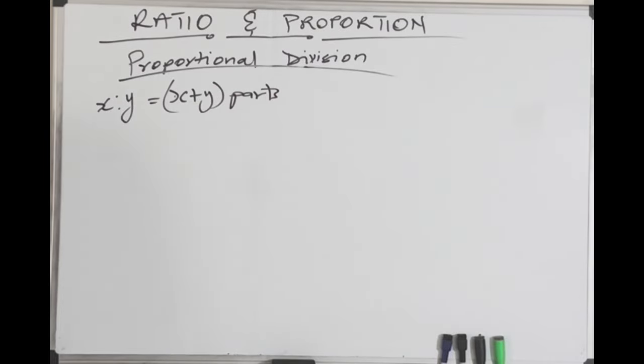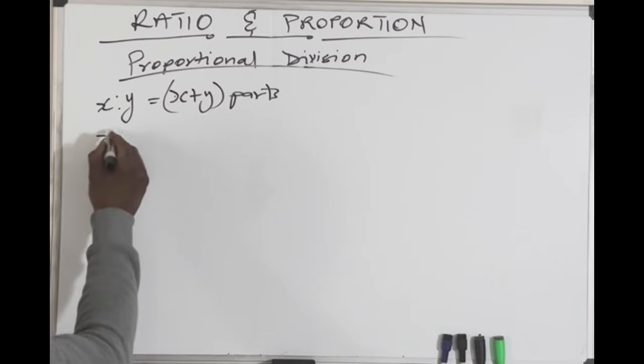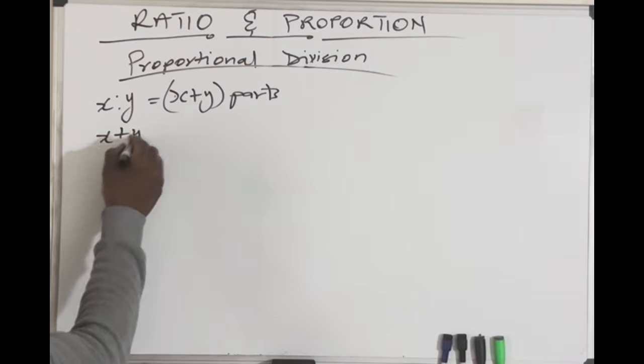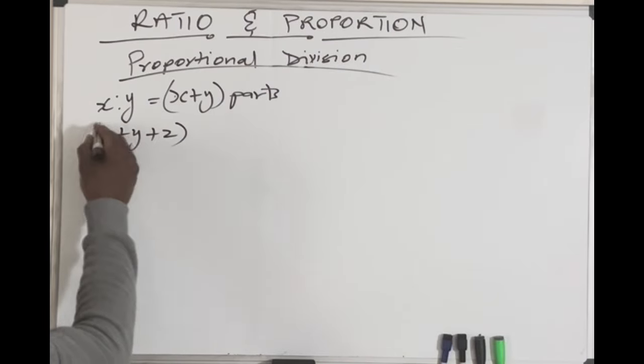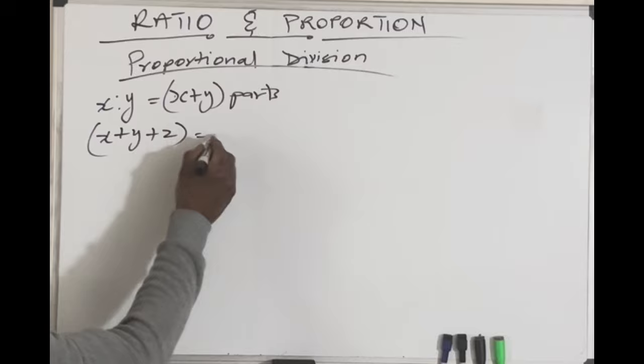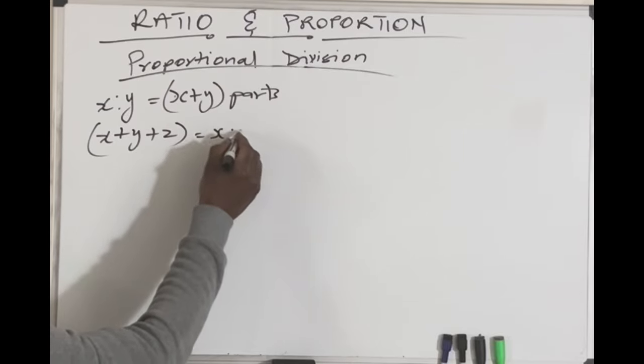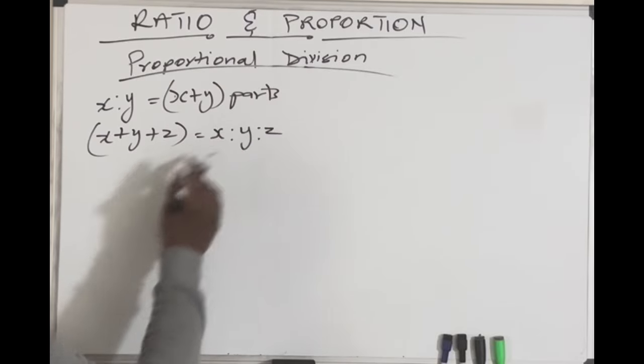The ratio x to y to z gives x plus y plus z parts.